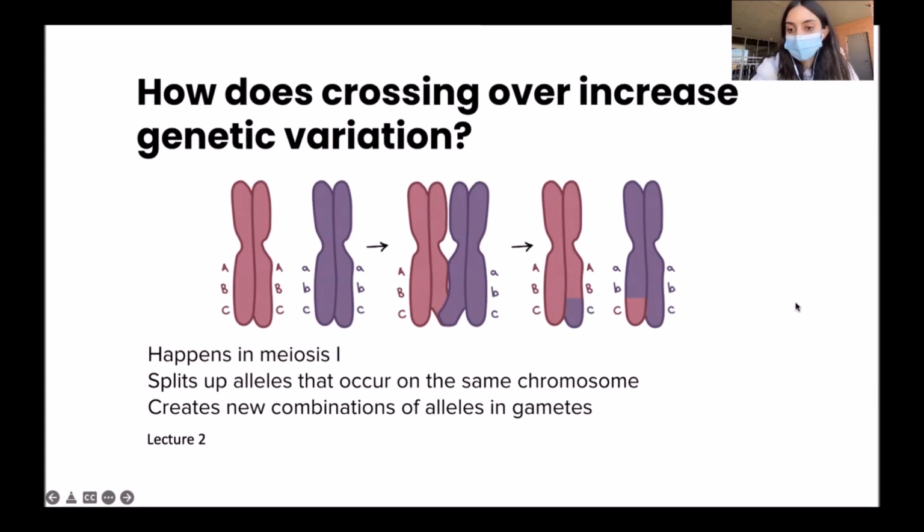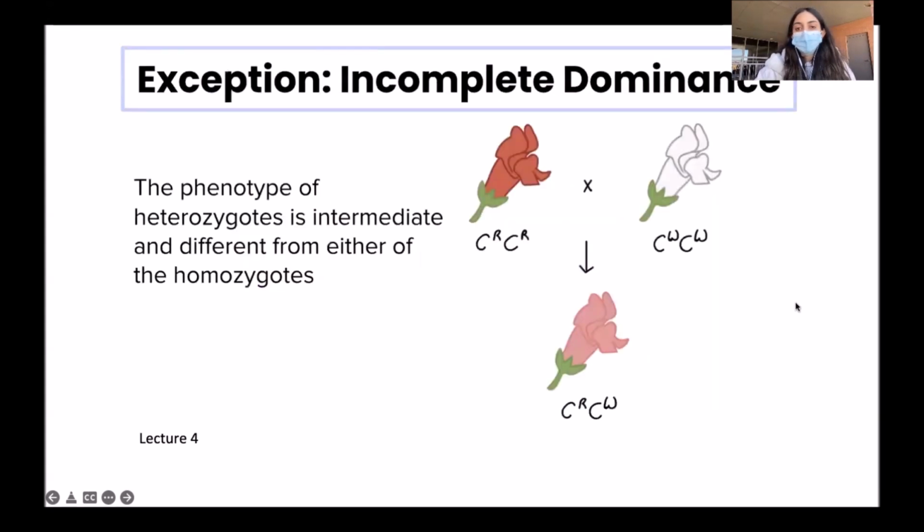So the next question is about incomplete dominance, and incomplete dominance is basically the offspring not looking like both parents.